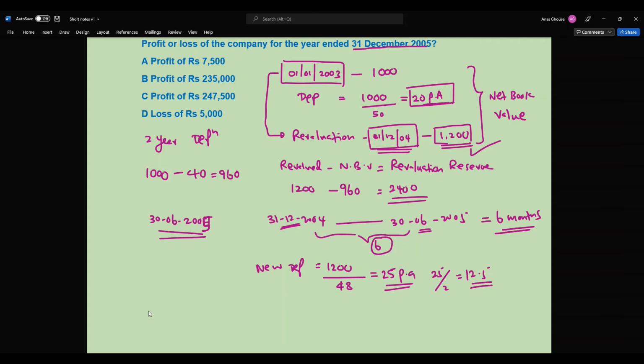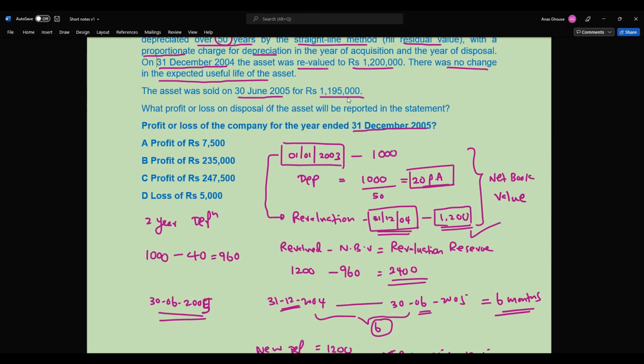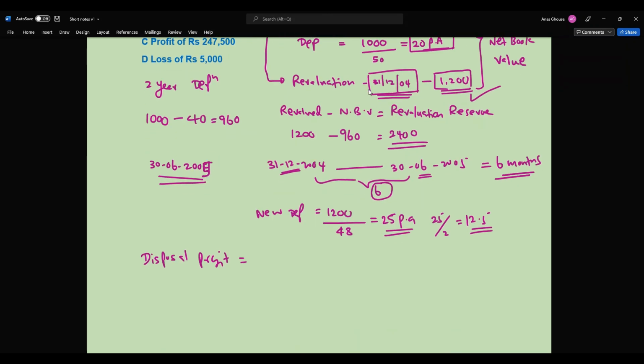So how do you calculate the disposal profit? Your sales proceeds will be 1,195,000 minus the net book value. How do you calculate the net book value?